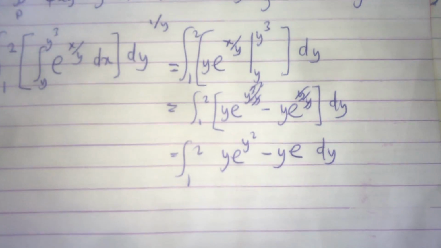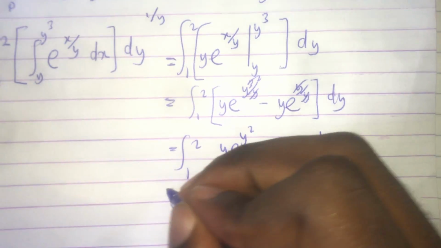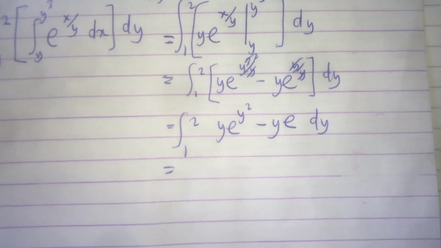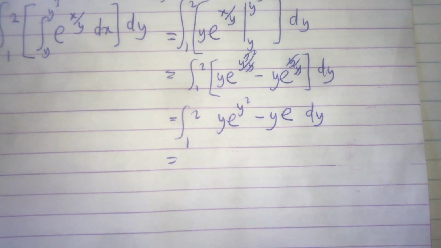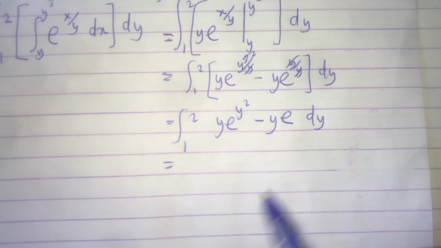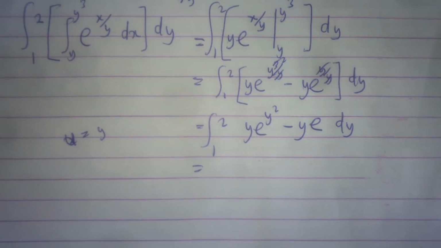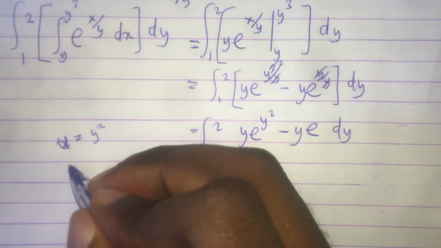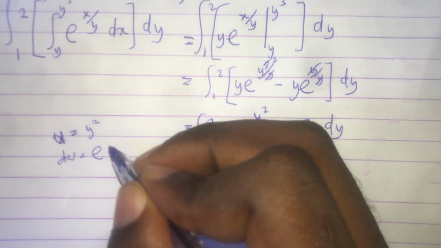So we are going to find our next integral. To integrate this, here we have two functions of y, so we apply integration by parts. Let's say our u becomes y squared, and our dv becomes the e power y squared.